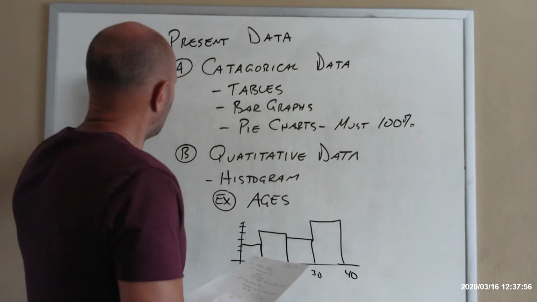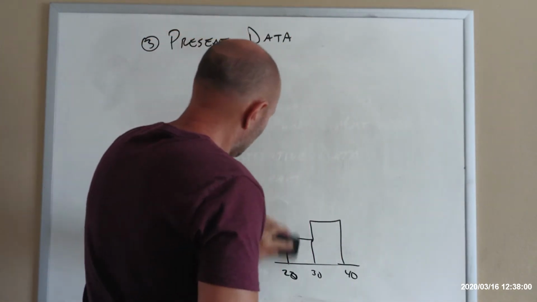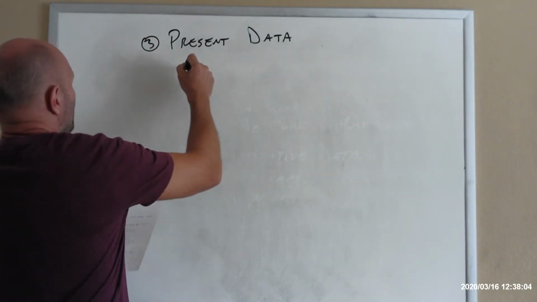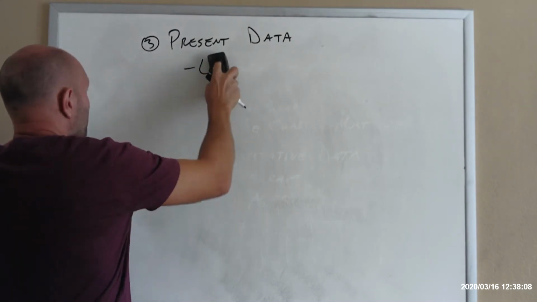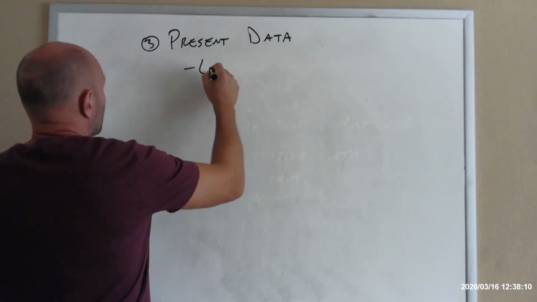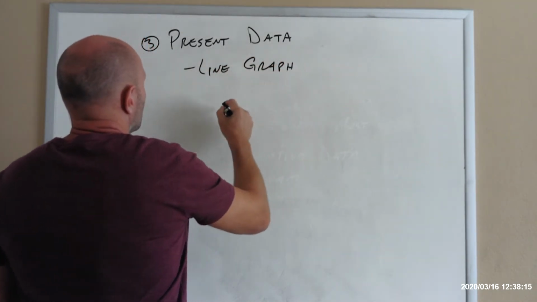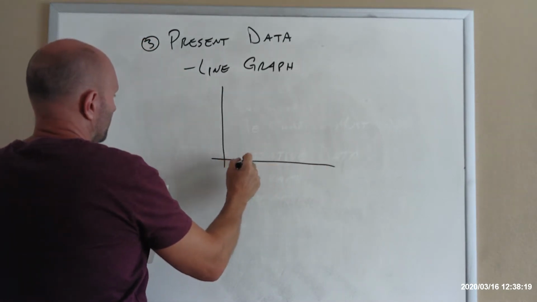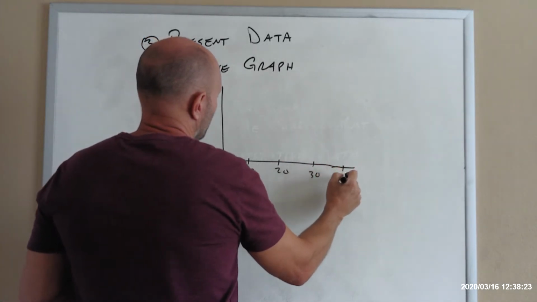The second type is a line graph. And it's similar to what we just had there. So instead of drawing all the bars, we might have 0, 10, 20, 30, 40.